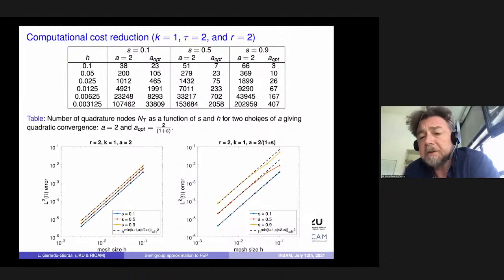Of course, the optimized parameter gets even better once S gets closer to 1, because in that case, things get to be pretty much smoother.